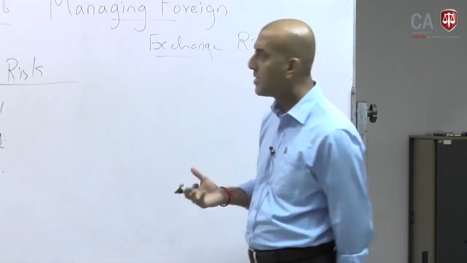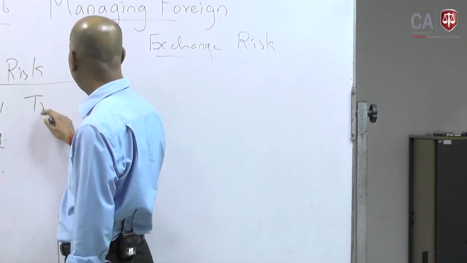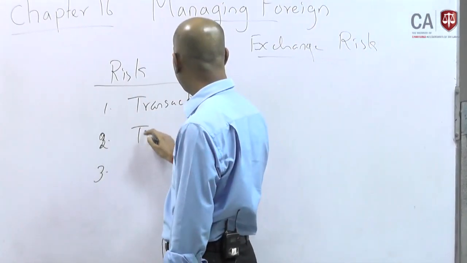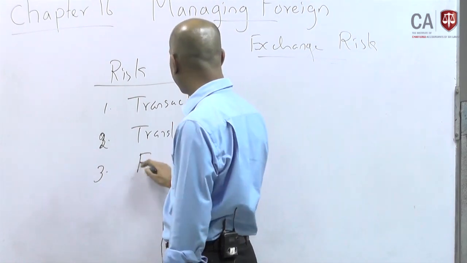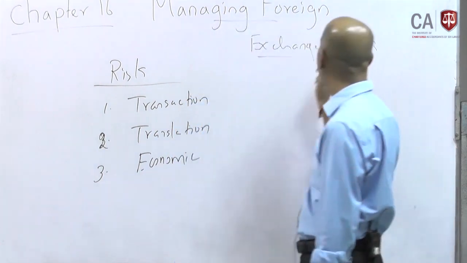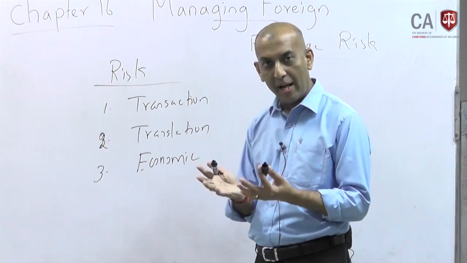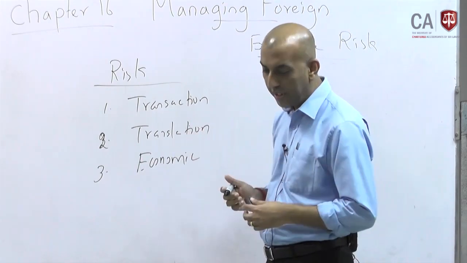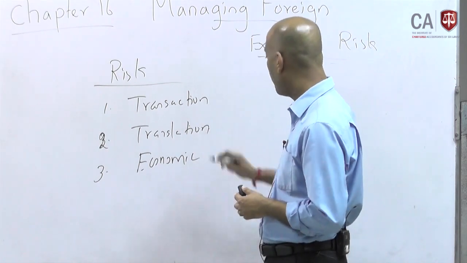Those are transaction risk, translation risk, and economic risk. So please note, the exchange rate risk is composed of three subtypes: transaction, translation, economic.